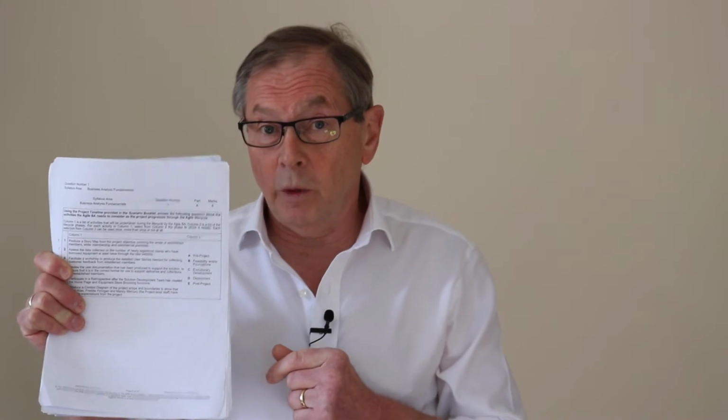Okay, so the first bit tells you the syllabus area, your question number, the part you're in, and how many marks. And that marks reflects how many questions you have in the paper. And that's quite important. Right. So therefore you have 6 questions, and you can see in the question box below you have 6 statements.